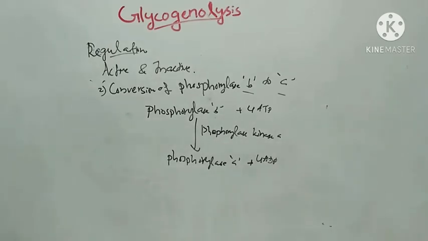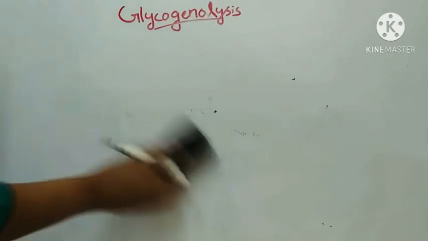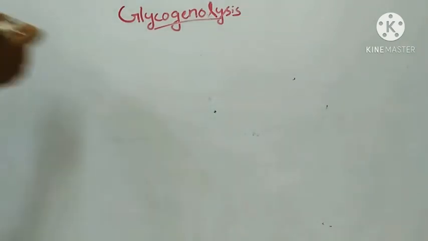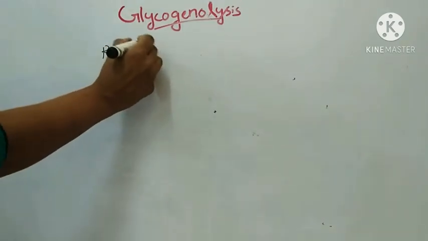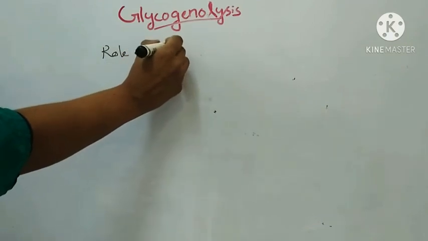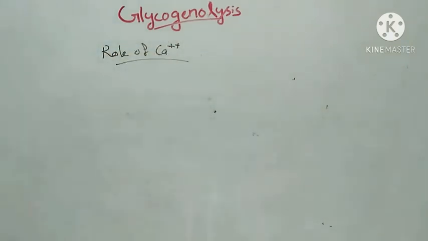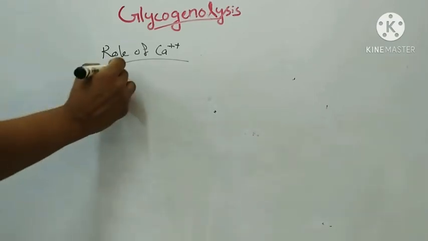Next we will see the role of calcium in glycogenolysis in muscle. Glycogenolysis increases in muscles several times immediately after the onset of contraction.